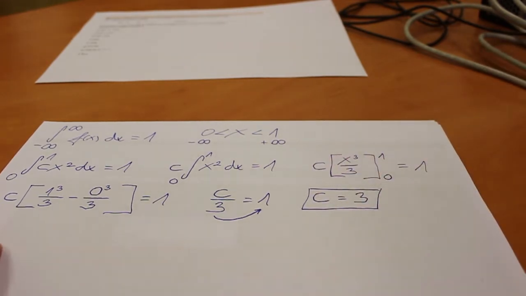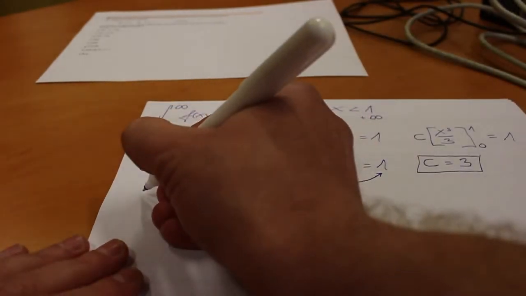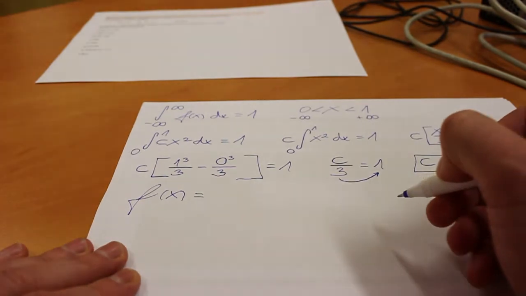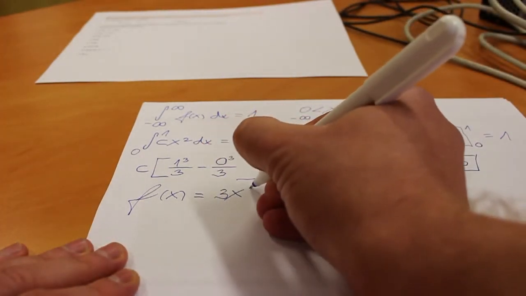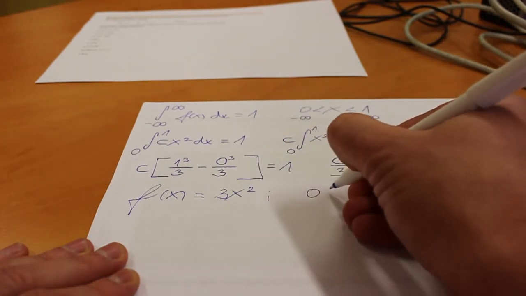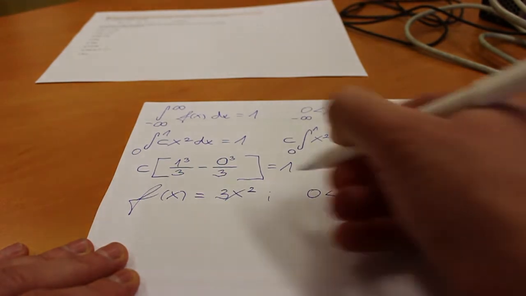Yes? So we solved the constant c, and we can write that the density f(x) of the random variable x is equal to 3x squared for the definition range 0 is smaller than x, which is smaller than 1.